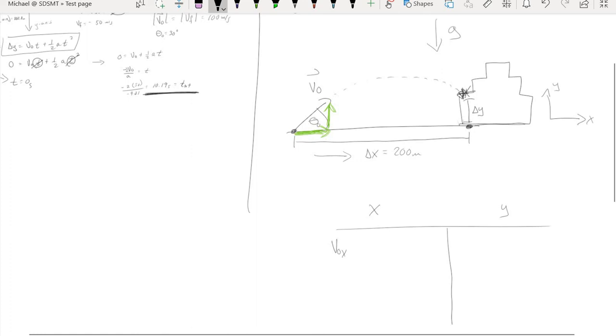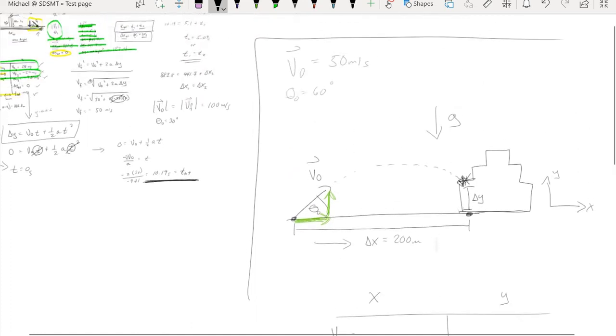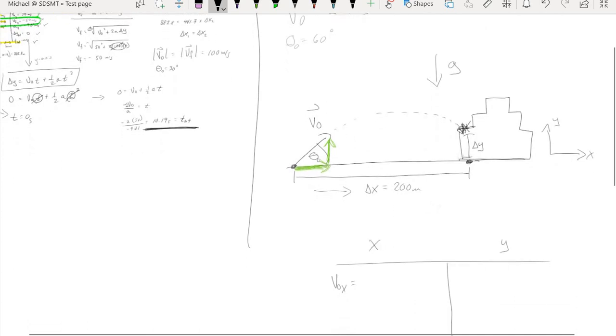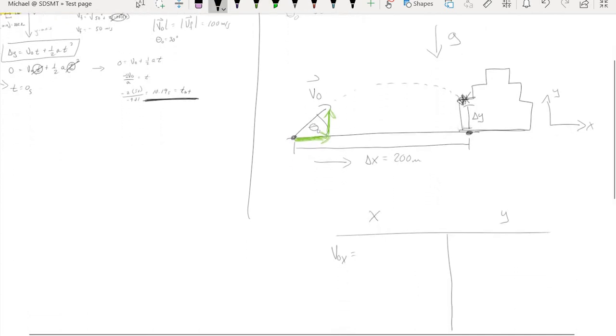The initial velocity in the x will be magnitude 50 meters per second times cosine of 60, and that is 25 meters per second. Initial velocity component for the y direction. Since we've already used cosine, I guess we have to use sine.